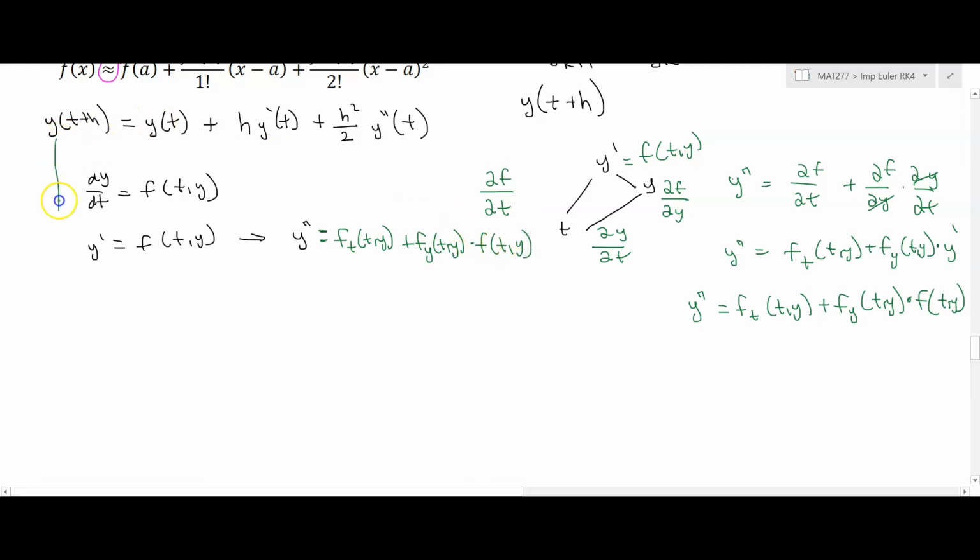So what I'm going to do in this form now, and we're getting closer to the solution, is say that y of t plus h is equal to y of t plus h times, instead of y prime of t, I'm going to use f of t comma y, and plus h squared over 2 times what y double prime is, which is this whole expression.